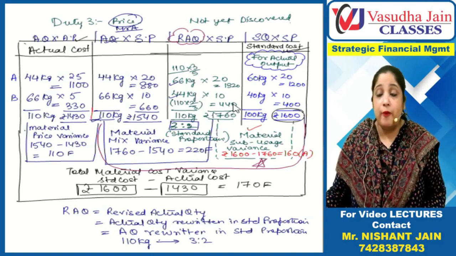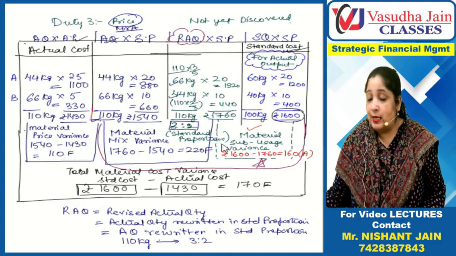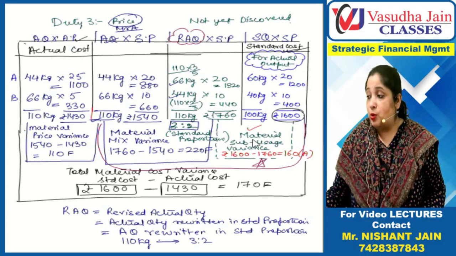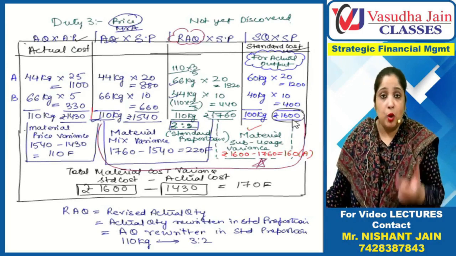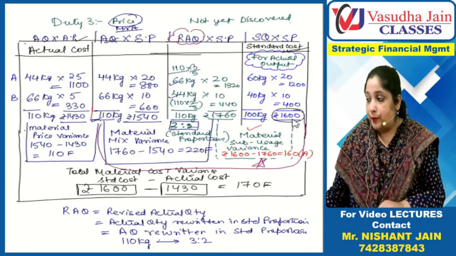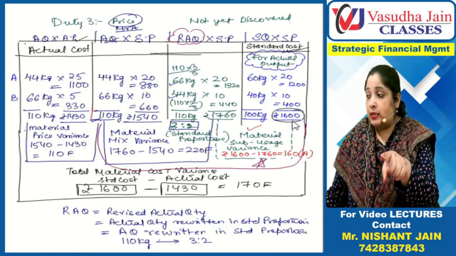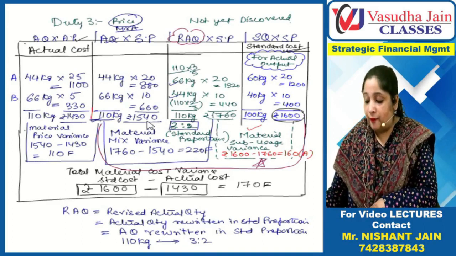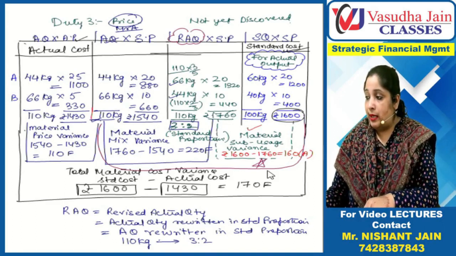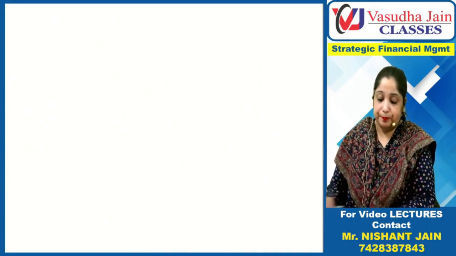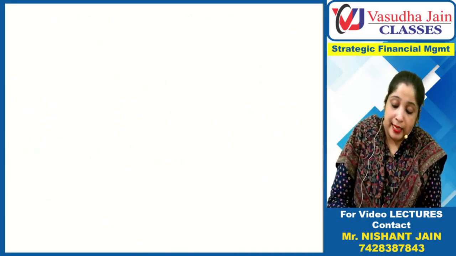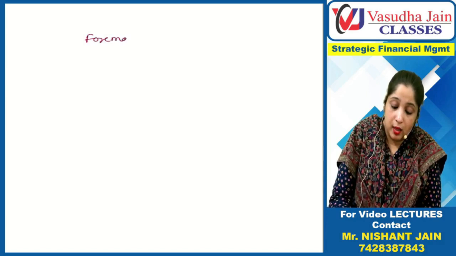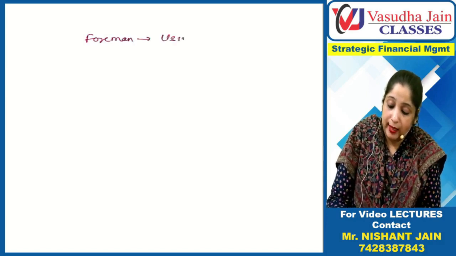Because of the foreman, these two mistakes he has done, so let me calculate the total impact of his two mistakes. If he had not committed mistakes, 1600 rupees would have been spent. After considering two mistakes, the amount getting spent is 1540. So on the next page I'm writing, this is the star which is showing here. Basically the foreman was given the target of using the raw material.